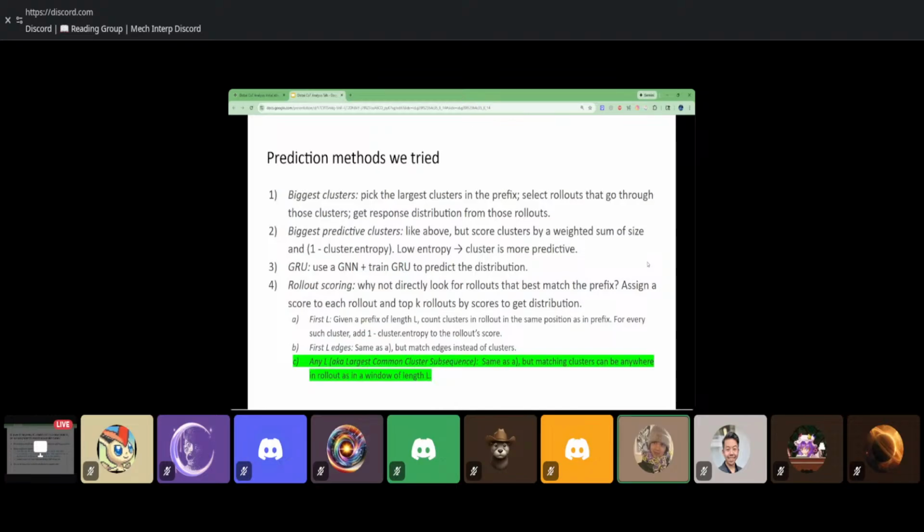A little behind the scenes, we tried a bunch of things before we converged on the method we're using now for predicting answer distributions with our graph. It's not immediately obvious how we should do this. We still don't know if our approach is the best one.